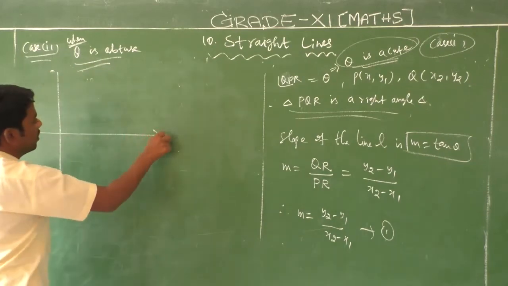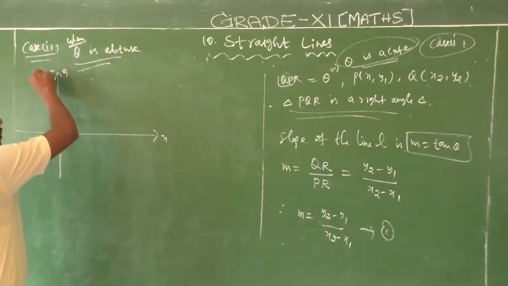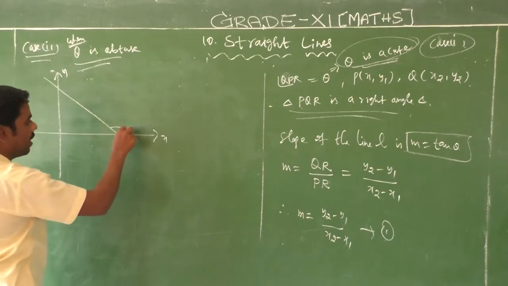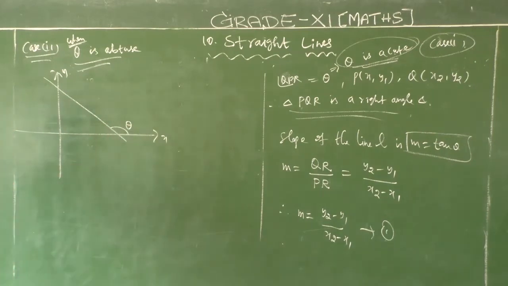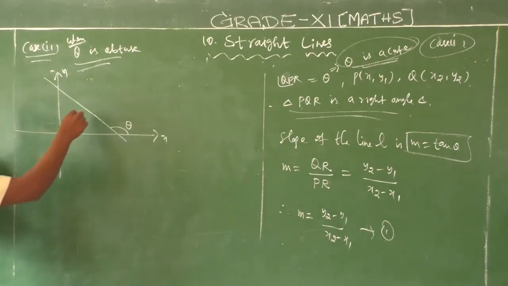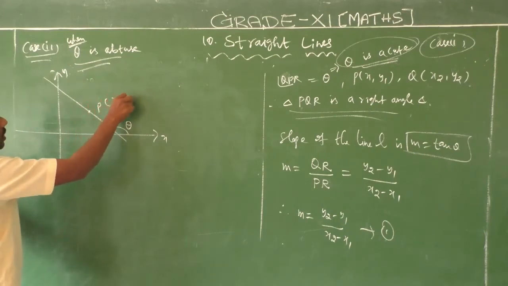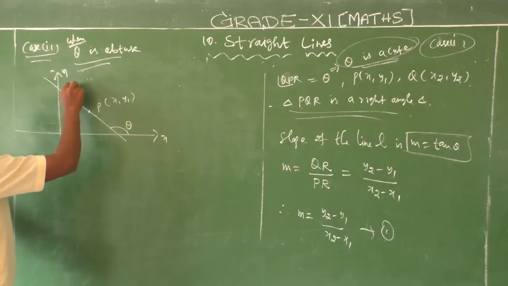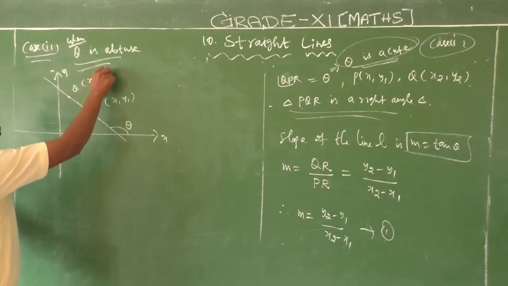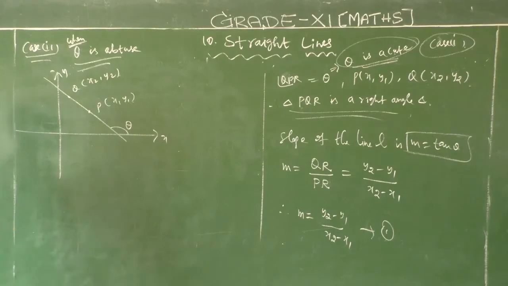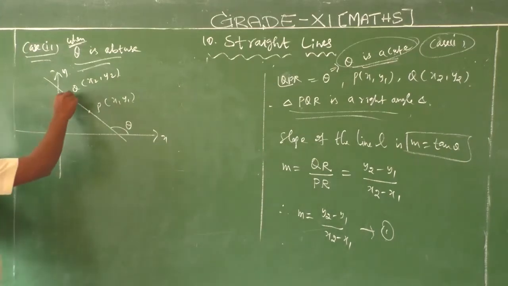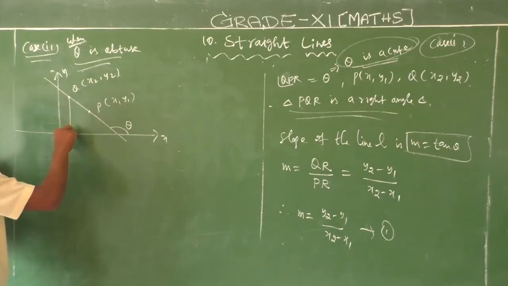Draw the line L when theta is obtuse. It passes through the points P and Q. P is (x1, y1) and Q is (x2, y2). Draw the perpendicular line from Q to the x-axis.